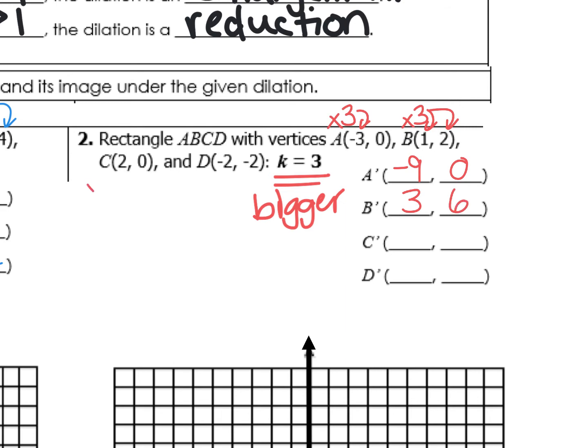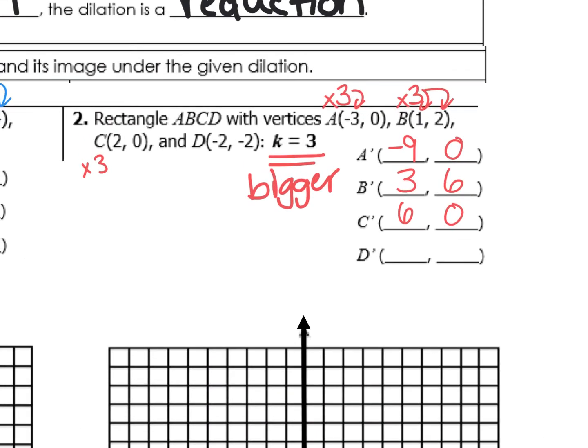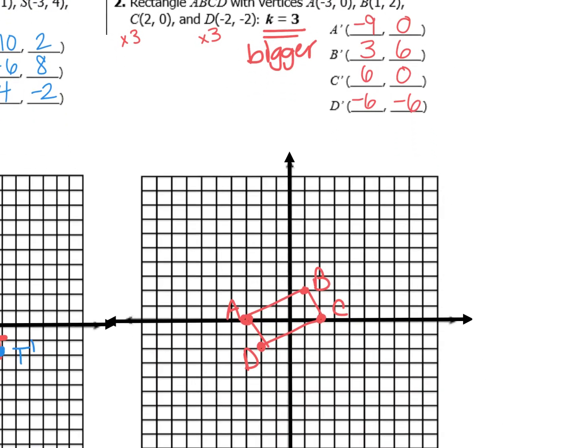For C, we've got 3 times 2 is 6, and then 3 times 0 is 0. And then for D, 3 times -2 is -6, and again, 3 times -2 is -6. So D prime will be at -6, -6.